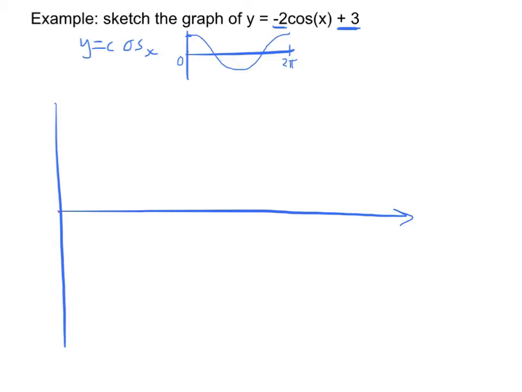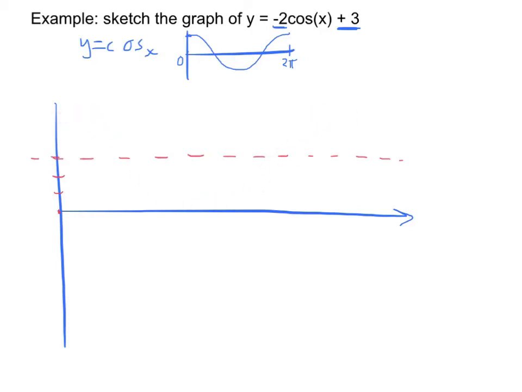So I like to think about what happens to the origin. The origin, in other words the equilibrium line, effectively gets moved up by 3, right? So if I go up 3, this is where my new equilibrium is. This is the line that cosine is going to be focused around, right?